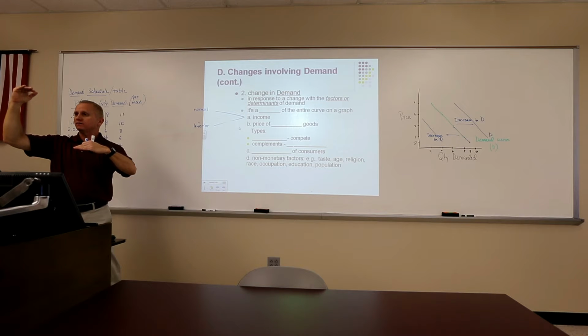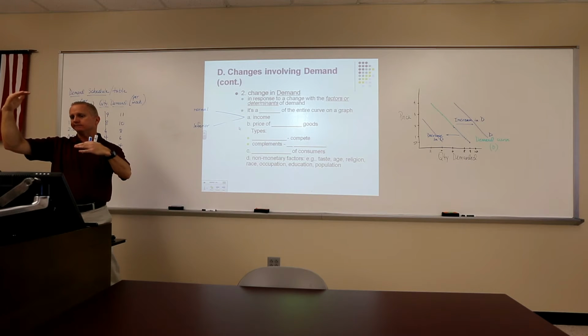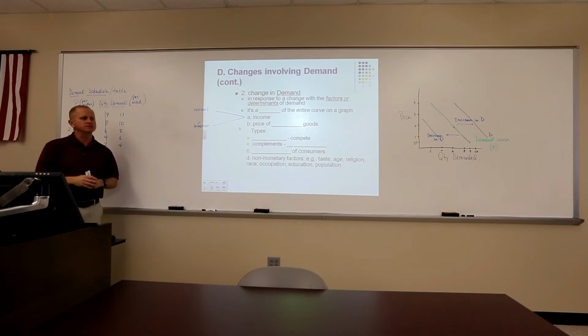So that's what inferior goods are about. It doesn't have to be cheap ramen noodles. It can be something else, but generally you will buy less of those kinds of things as your income rises. You tend to opt away from the lower priced things.